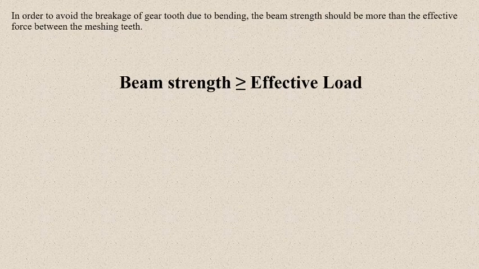In order to avoid the breakage of the gear tooth due to bending, the beam strength should be more than the effective force between the meshing teeth. According to this statement, for a satisfactory design, we have to satisfy the relationship that beam strength should be greater than or equal to the effective load.